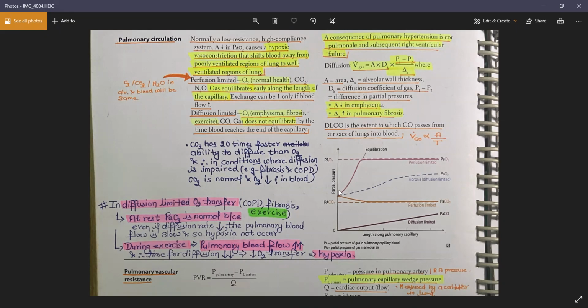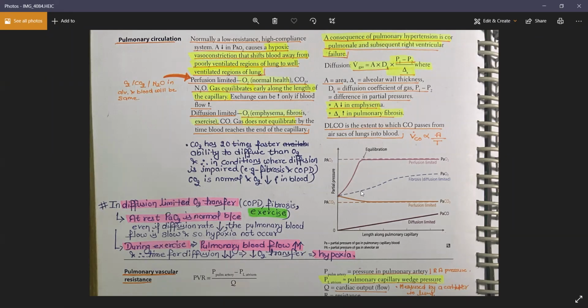What happens is, as soon as it enters the alveoli, because oxygen is a perfusion limited gas, it will readily saturate with the hemoglobin. As you can see, the oxygen is readily saturating with the hemoglobin. This is the partial pressure of the oxygen in my alveoli.